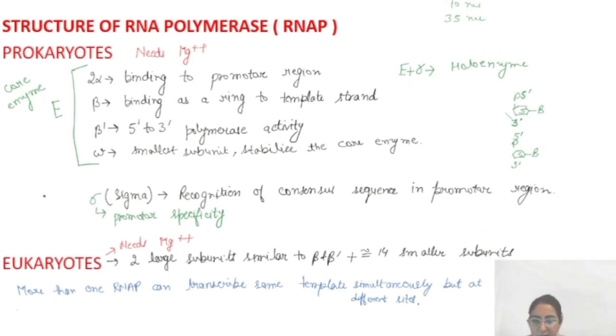Then in the case of eukaryotes, more than one RNA polymerase can transcribe the same template strand simultaneously but at different sites.